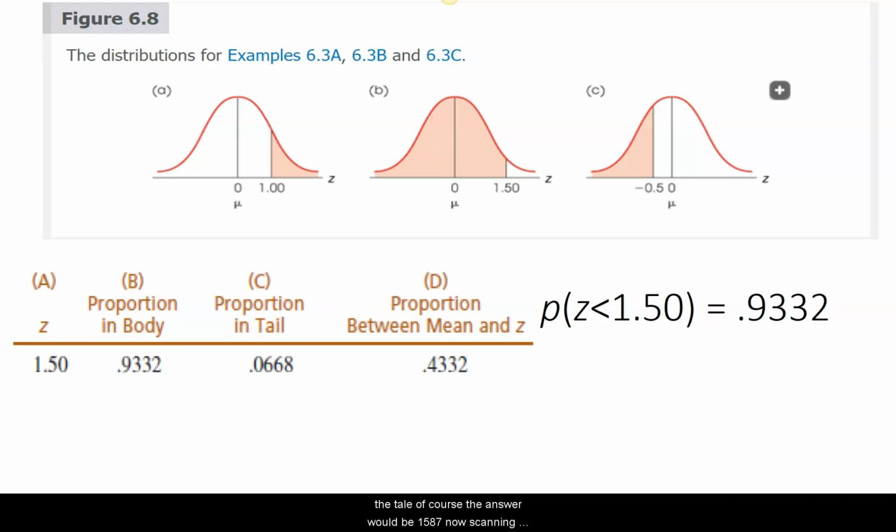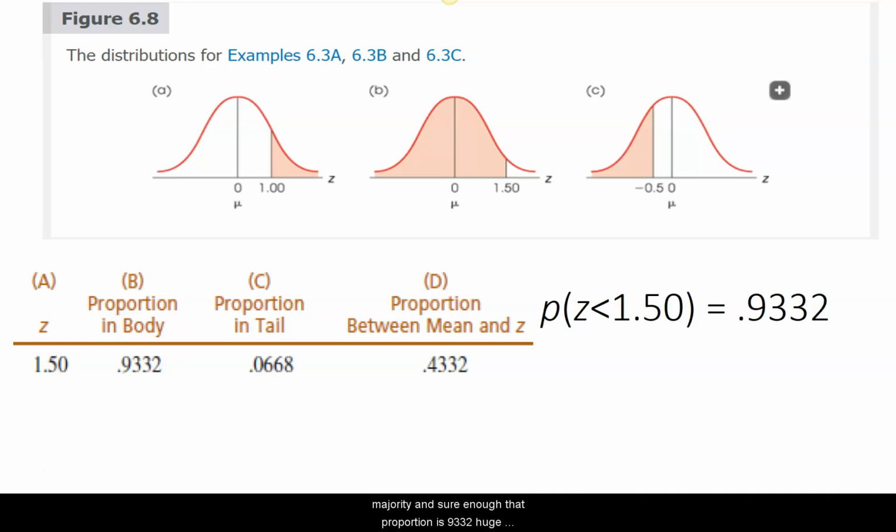Now, scanning over to B, we're starting with a Z of 1.5, and it wants to go to the left, the proportion of Z scores that are less than 1.5. So I plant my flag first, if you will, figure out where the Z score is, and then decide if I'm going left or right. I follow the arrow. Well, if I plant the flag on the right and then I'm going left, that's a majority.